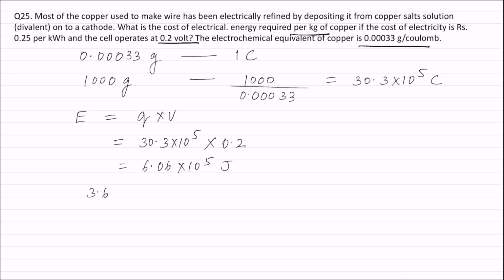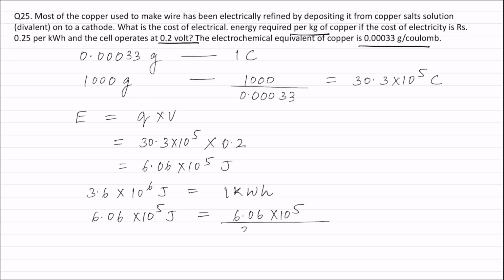Now 3.6 into 10 to the power 6 joules is equal to 1 kilowatt hour. Therefore 6.06 into 10 to the power 5 joules will be equal to 6.06 into 10 to the power 5 divided by 3.6 into 10 to the power 6, and this is equal to 0.168 kilowatt hour.